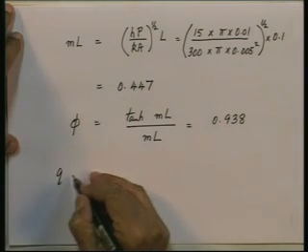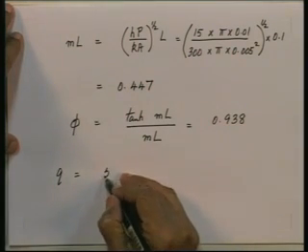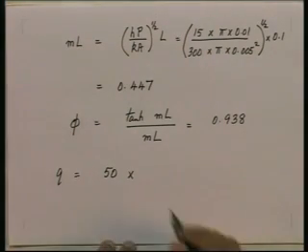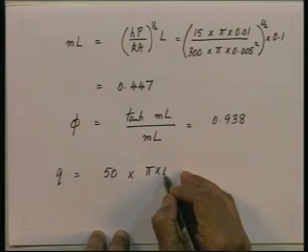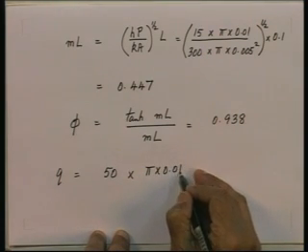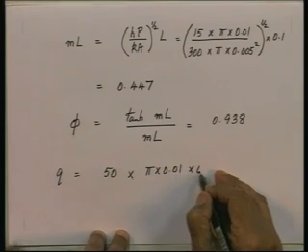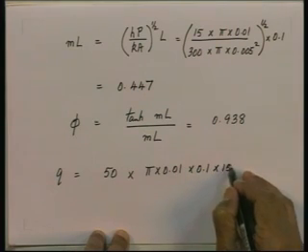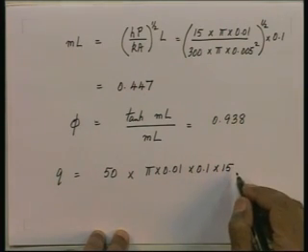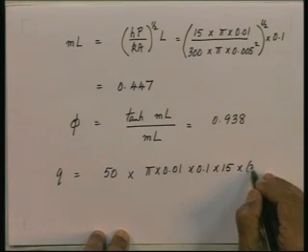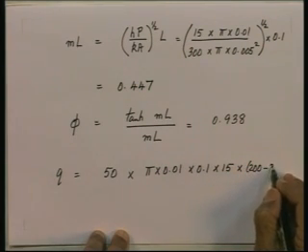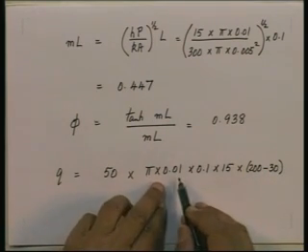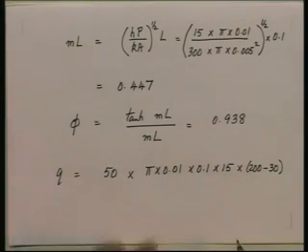Therefore, Q is equal to 50, the number of fins, into the heat transfer rate from one fin, which will be pi into 0.01 into the length, pi d L. This is the surface area of one fin, into the heat transfer coefficient 15 multiplied by the temperature difference 200 minus 30.